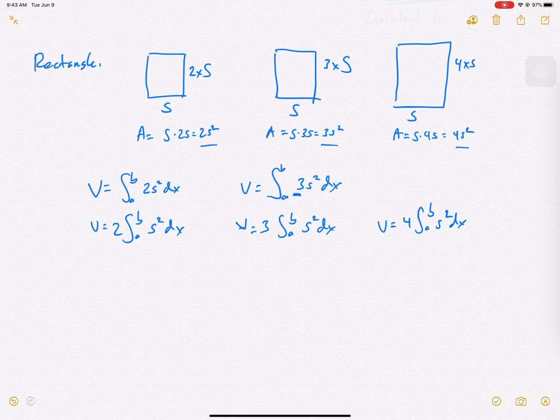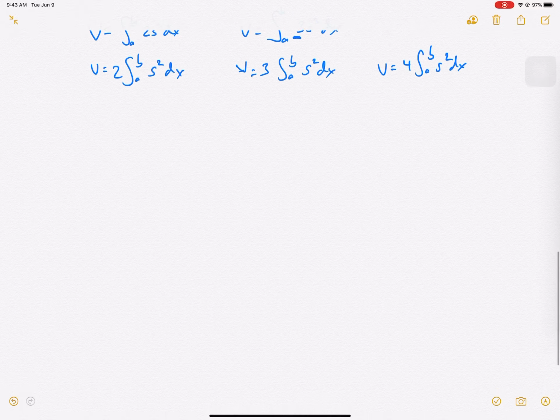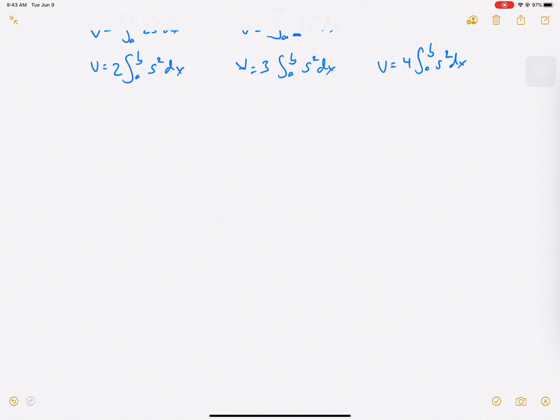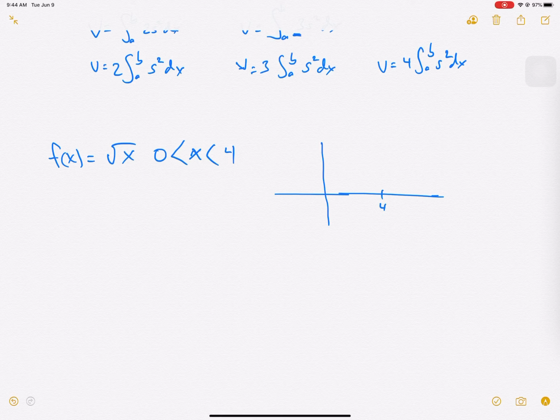Okay, so let's just do one example. The boundary for the function f of x is, let's say, the square root of x, a very common problem. And our boundary is x between 0 and 4. And we're building up from the x-axis. So we can draw a basic graph of this. Here's our 4. Square root of 4 is 2.